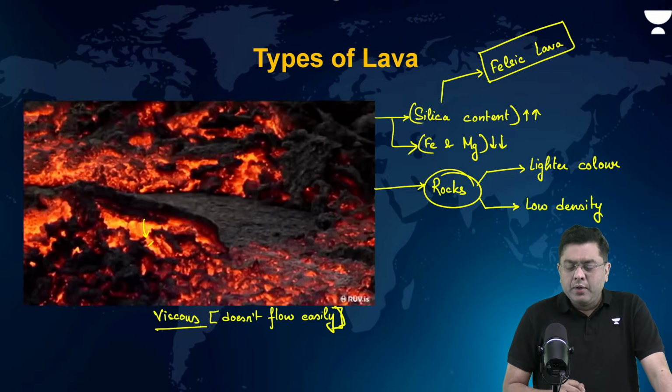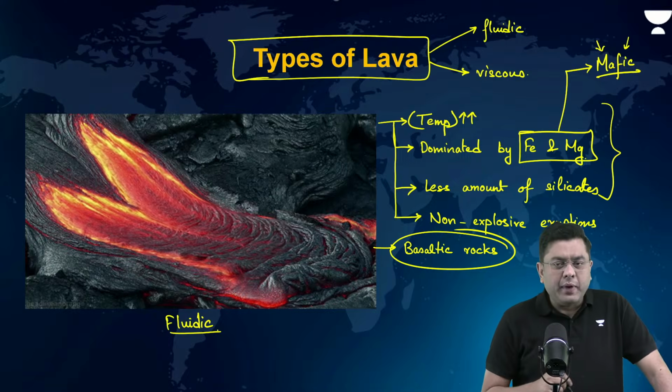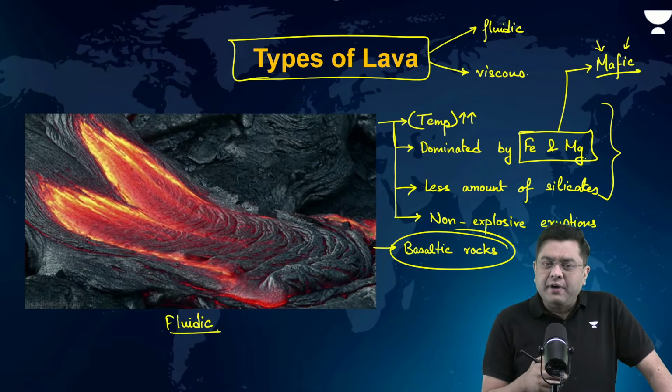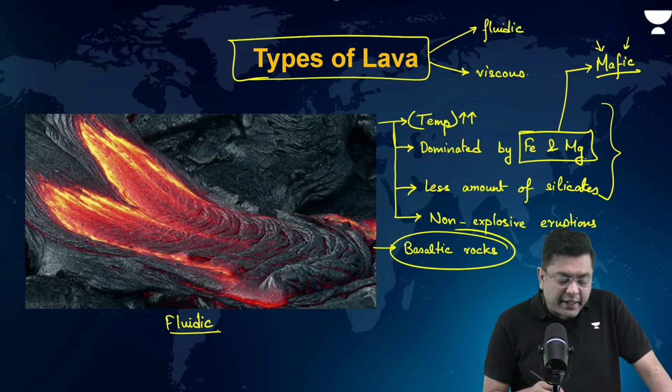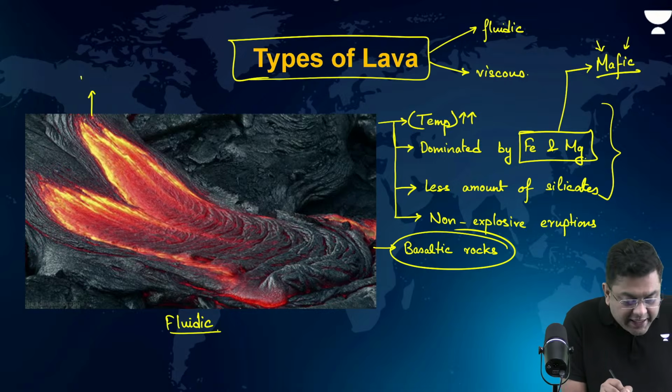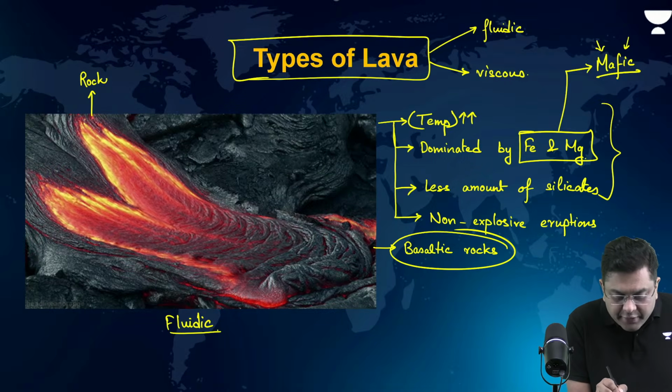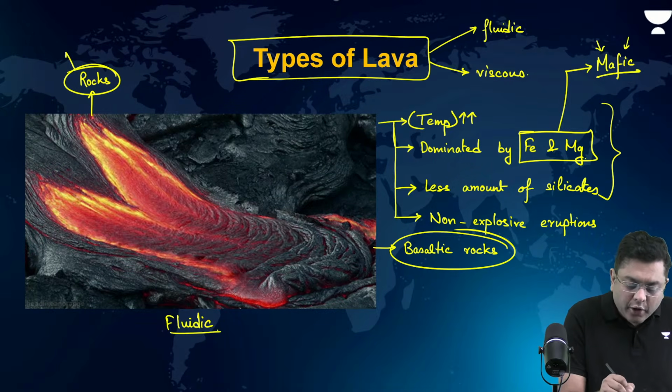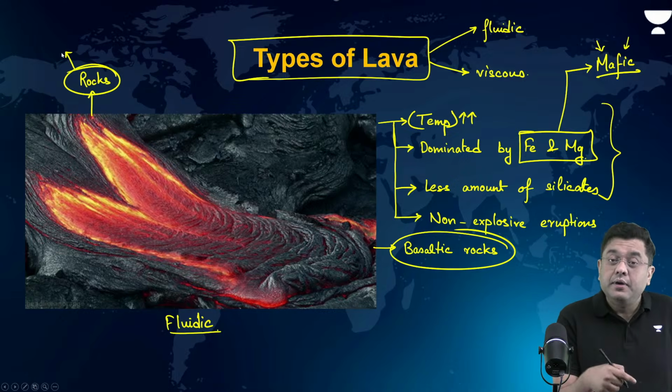Okay. Whereas in the previous one, this kind of a lava, very fluidic, rich in iron and magnesium, the rocks which are created as a consequence of the solidification, these rocks will be of what?